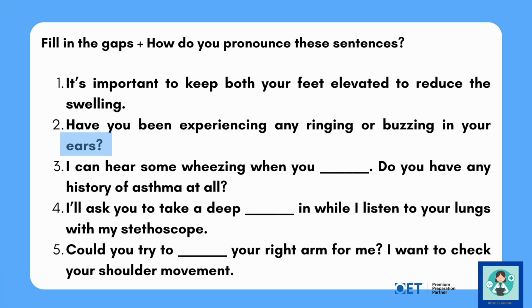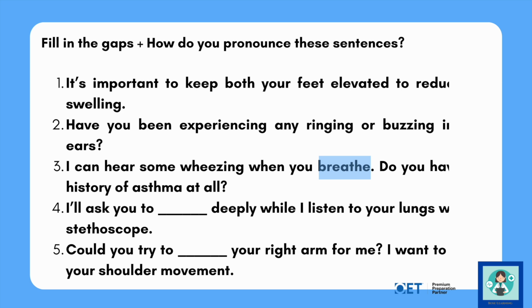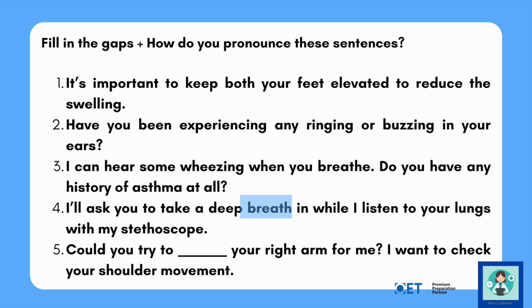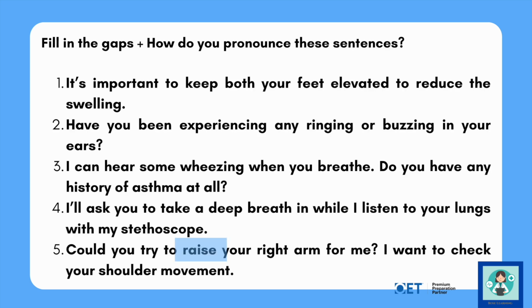I can hear some wheezing when you breathe. Do you have any history of asthma at all? Number 4, I'll ask you to take a deep breath in while I listen to your lungs with my stethoscope. Number 5, could you try to raise your right arm for me? I want to check your shoulder movement.